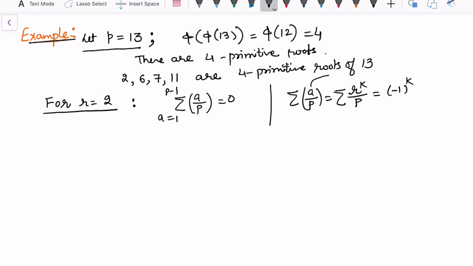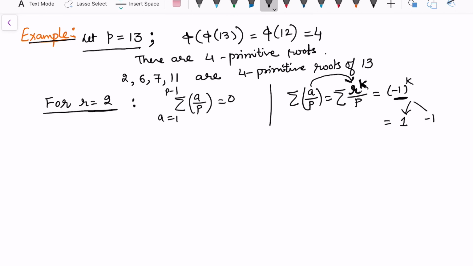This means a comes as some power of r, and it depends upon k, because here it is minus 1 to the power k. For a particular primitive root r, if it is an even power, it is a quadratic residue, because in that case I am going to get a plus 1. If it is a quadratic non-residue, I am going to get a minus 1. So let us see for r equal to 2.